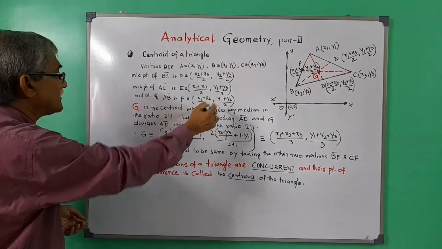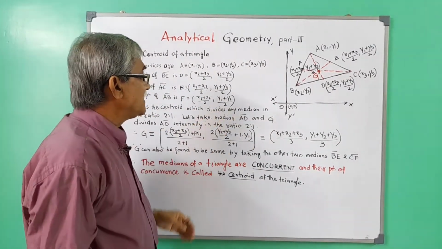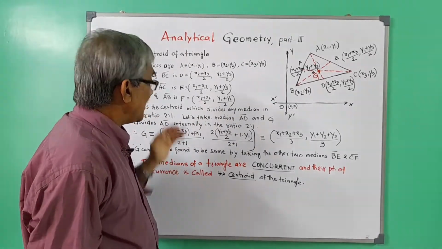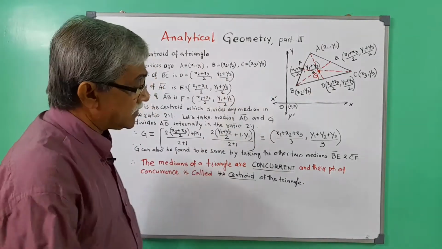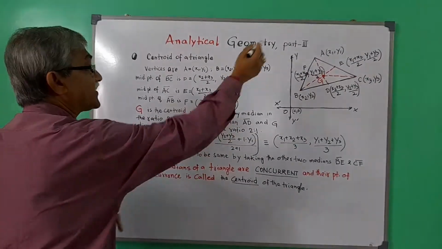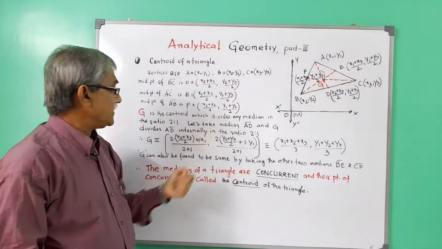I have written this on the board. Now G is the centroid, which divides the medians in the ratio 2:1. Let's take the median AD for reference, and G divides AD internally in the ratio 2:1.